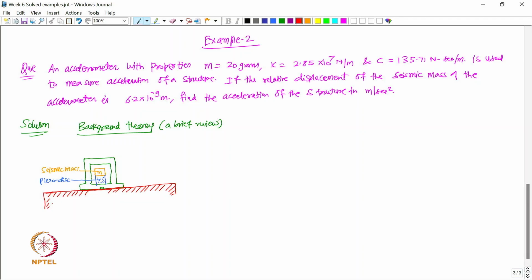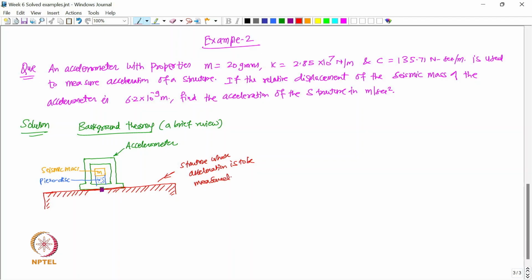Then of course some stud, or maybe magnetic mounting, or some glue may be used. All that we have discussed in the lecture, how accelerometers are mounted. Maybe we have used a stud like this. This is mounted, right, and this is the accelerometer, and this is the structure whose acceleration is to be measured.